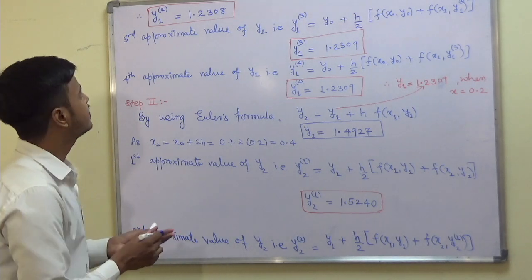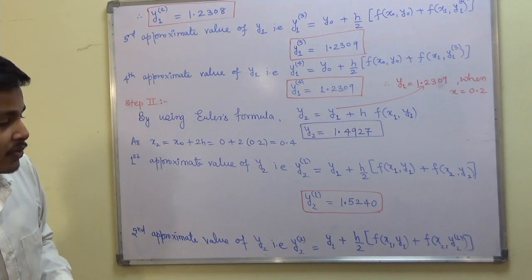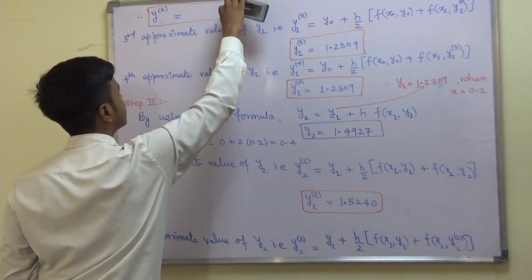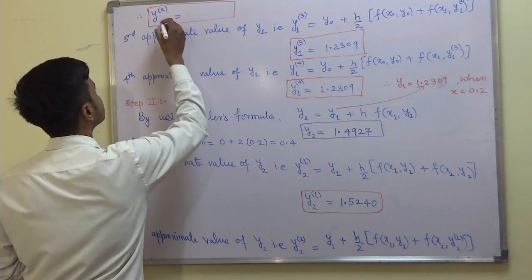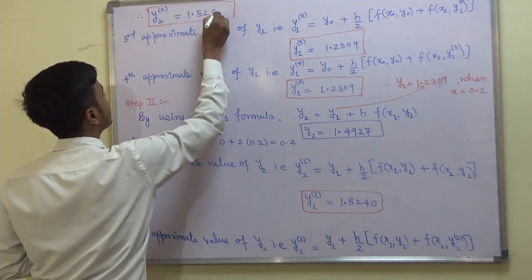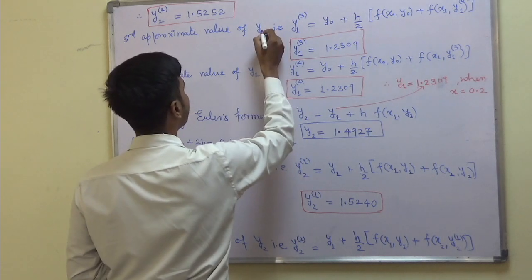Okay, that is the best thing about the iterative method. We don't need to remember so many things, just follow the procedure. So y22 is 1.5252. Then find out the third approximate value of y2.